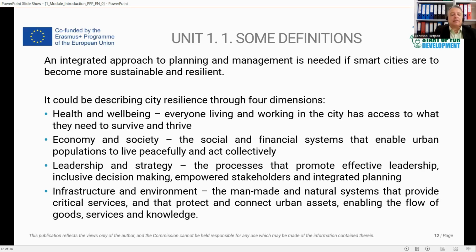Leadership and strategy: the processes that promote effective leadership, inclusive decision-making, empowered stakeholders, and integrated planning. Infrastructure and environment: the man-made and natural systems that provide critical services and that protect and connect urban assets, enabling the flow of goods, services, and knowledge.